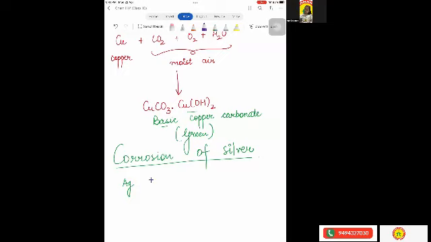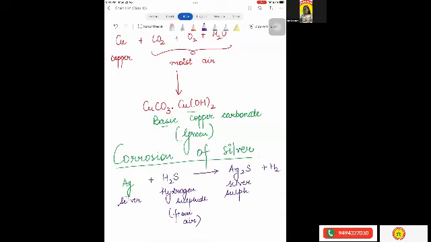So when silver reacts with hydrogen sulfide, this comes from air. From air, there is no moisture here. This is your silver. Then it reacts and leads to the formation of Ag2S plus hydrogen gas. This is silver sulfide, which is black in color.